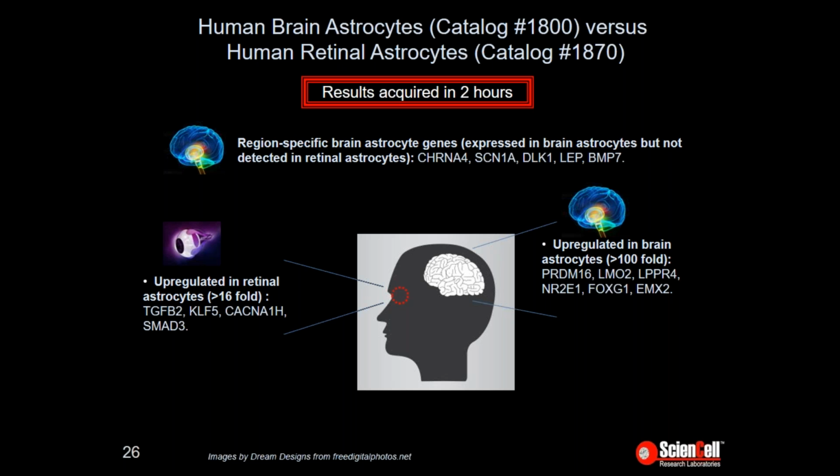From these data, we also found several genes that are upregulated in either retinal or brain astrocytes, which adds to the list of genes that can aid in differentiating between cells of the same type, but with differing origins.